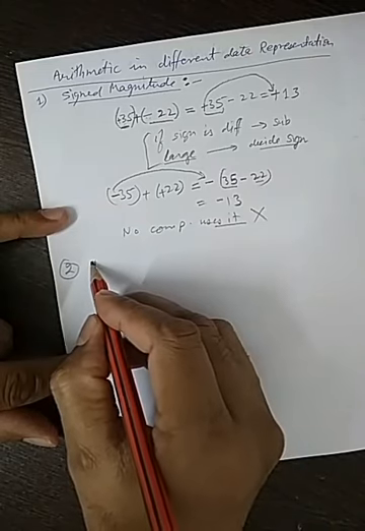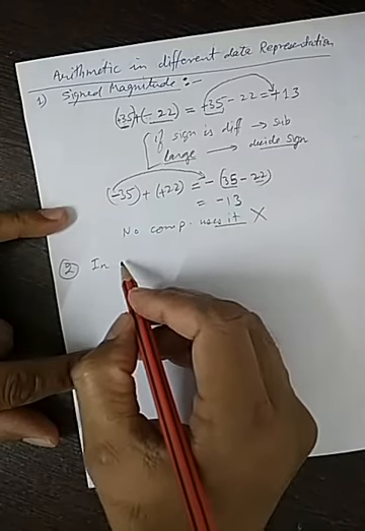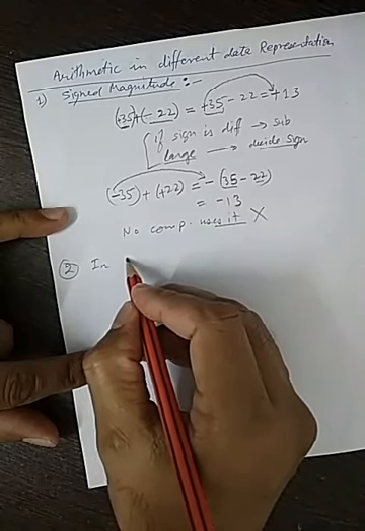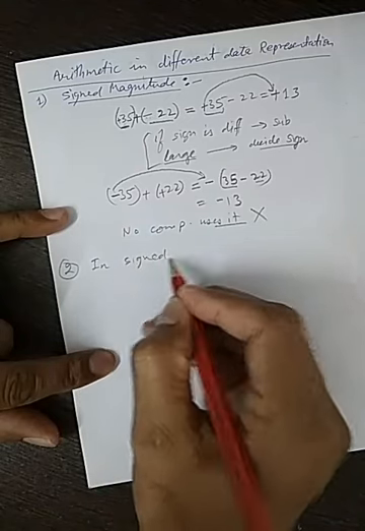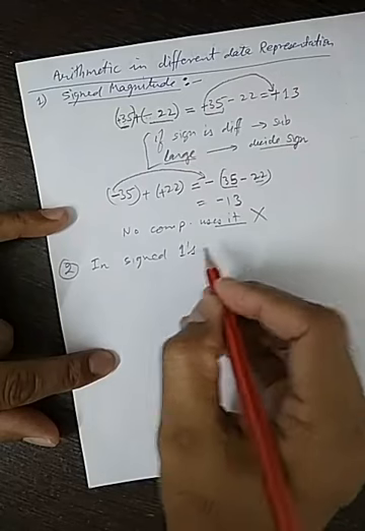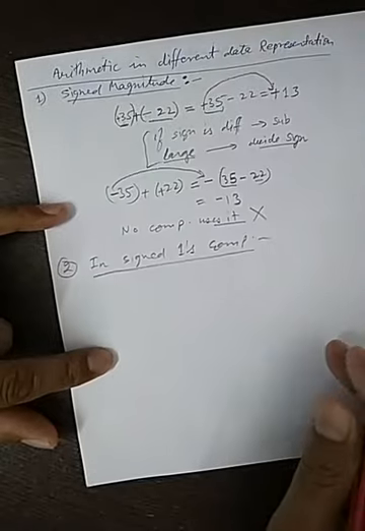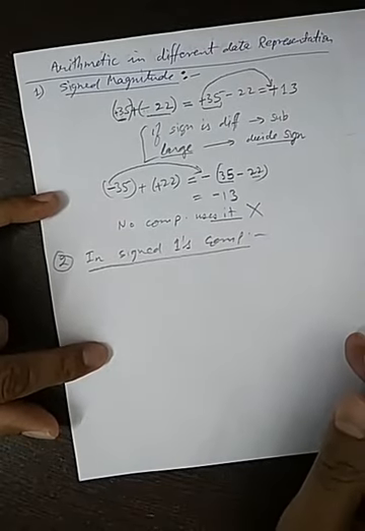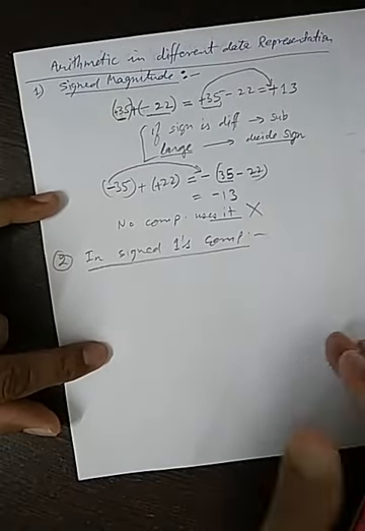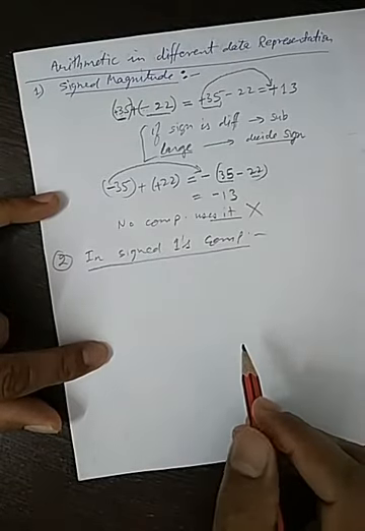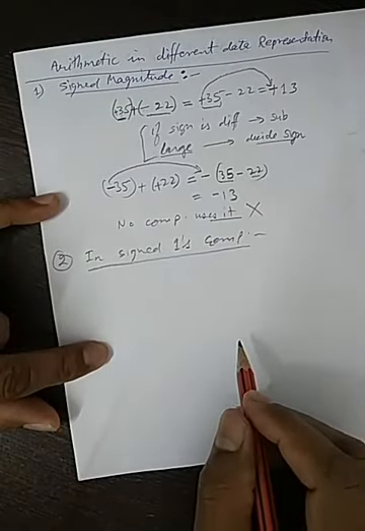Now we are saying in a system where the data is represented as signed 1's complement, we have to understand that it is up to us how we are going to store the information. Suppose my numbers are represented using signed 1's complement. Then let us see how the arithmetic will go on.